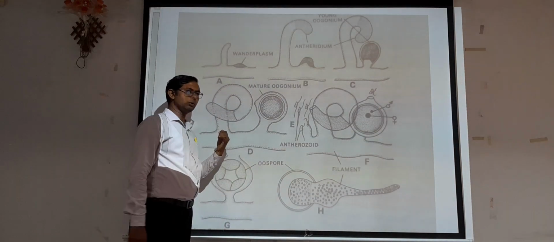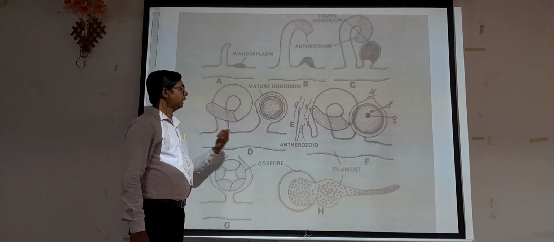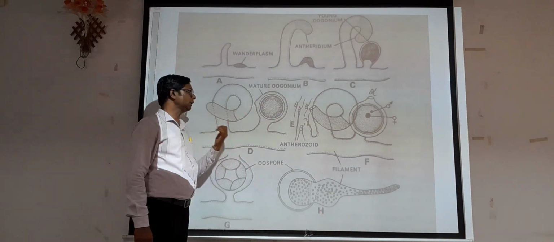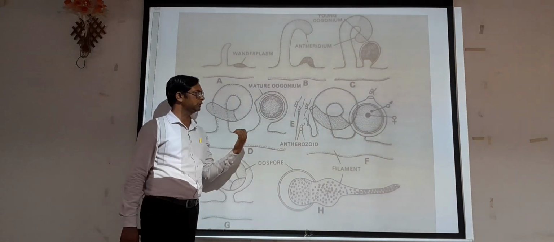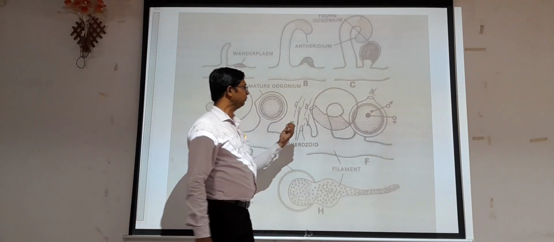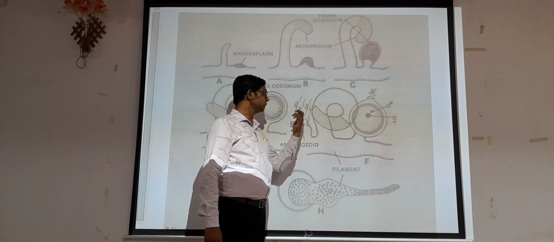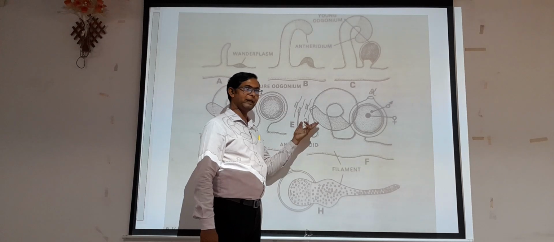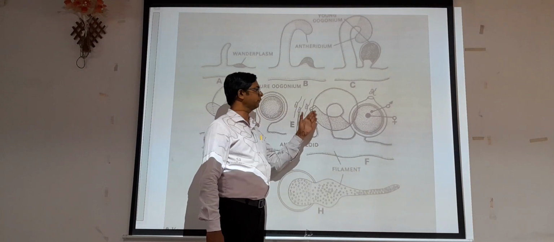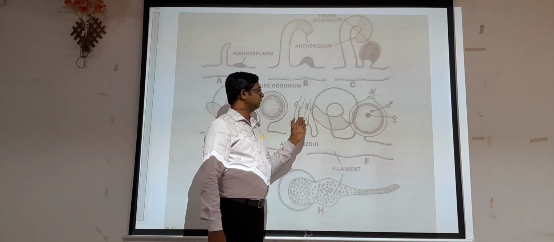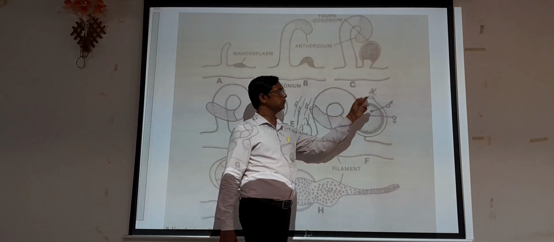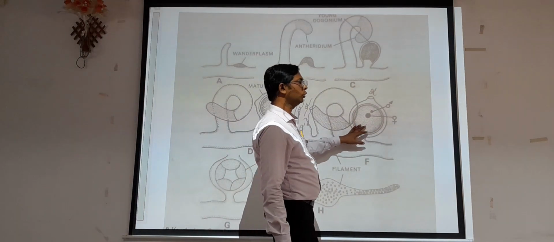While getting matured, the antheridium and oogonium get clear differentiation between each other. This antheridium will produce the antherozoids, which are biflagellated structures. They will be liberated from this antheridium, and will come in contact with this oogonium.